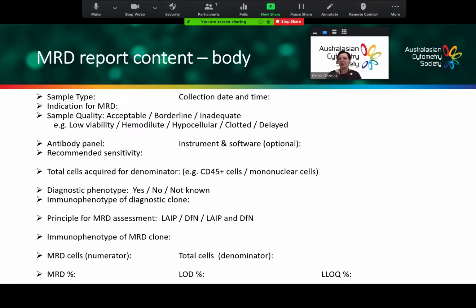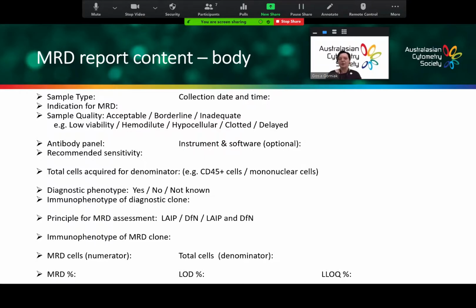So sample collection date and time is a must, and we should also include the indications for MRD and at what time point we're doing it. And if there is a treatment related to the disease that might affect MRD, it's probably good to put it in there. For sample quality, as I said, if you notice hemodilution, we need to say if it's acceptable for MRD, borderline, inadequate, and so on.